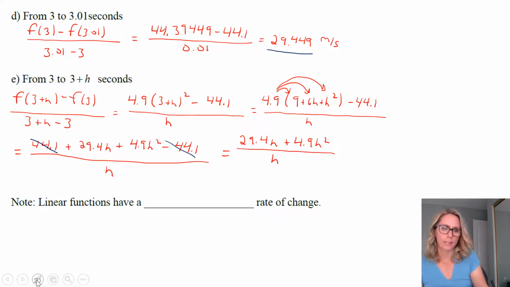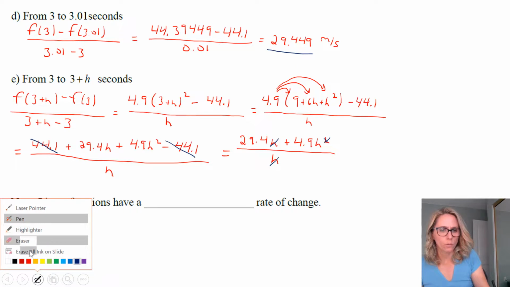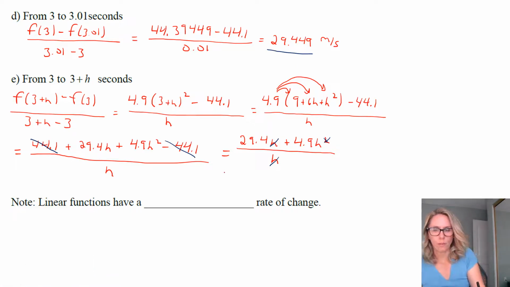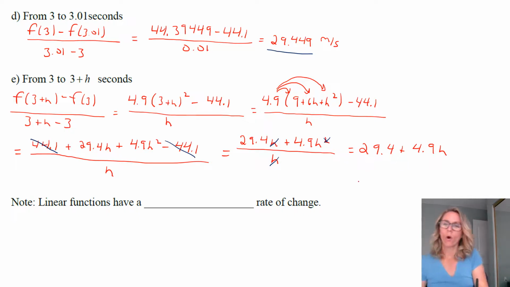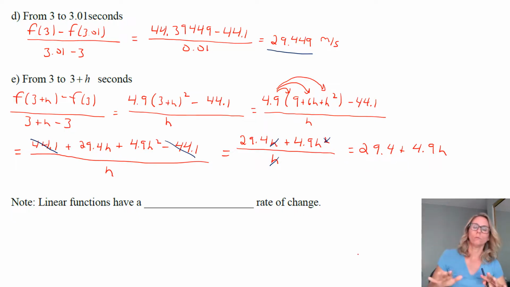And then, yes, we can simplify an h from each term. So we have an h that's gone here, the squared part is gone here, and then this h is simplified here. And so what we're left with is 29.4 plus 4.9h.